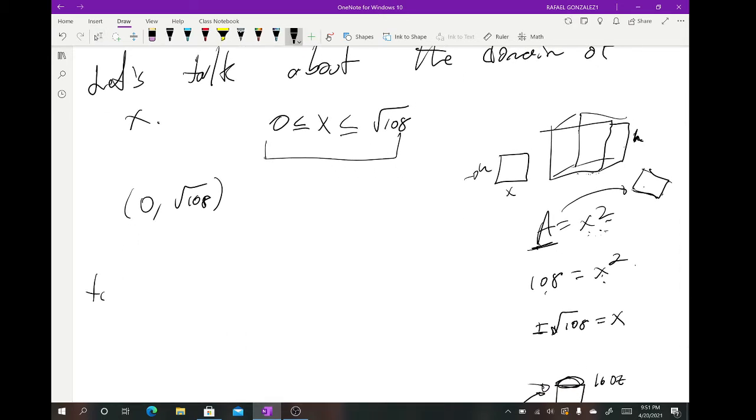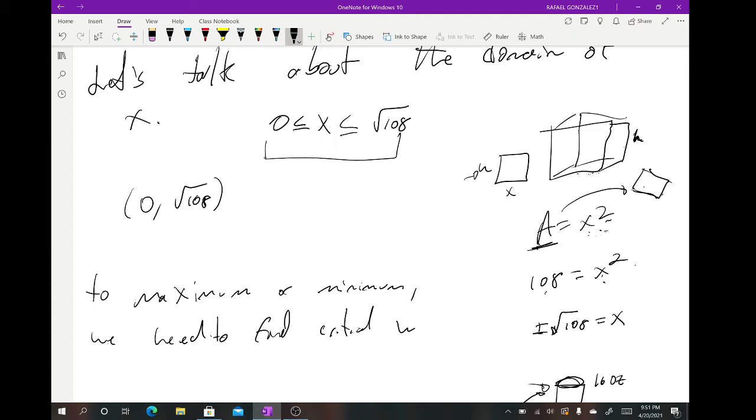Now, much like we did in the previous section, where we found the max and minimum, to find the maximum or minimum, we have to find the critical numbers. So we need to find critical numbers by using the derivative.